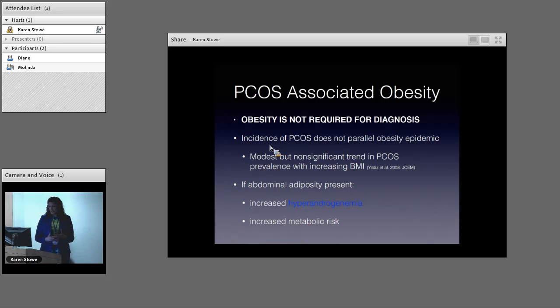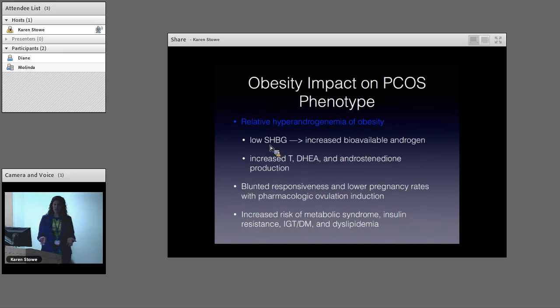Currently, there's no data to support routine endometrial ultrasound or biopsy of asymptomatic women at this point, but for women with a history of PCOS, I think it's important to ask them, even after they've gone through menopause, if they've had any abnormal uterine bleeding, because they've had abnormal uterine bleeding their whole life and may not recognize that having some spotting after menopause is abnormal. And so I think it's important to ask that direct question: have you had any vaginal bleeding after menopause, to ensure that they shouldn't be getting a biopsy.